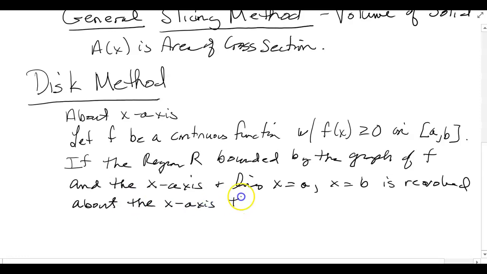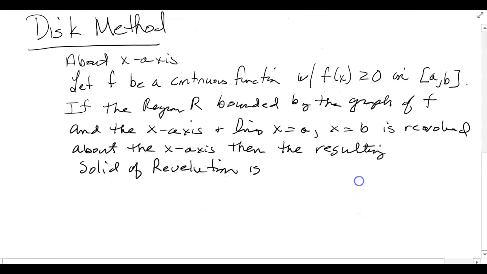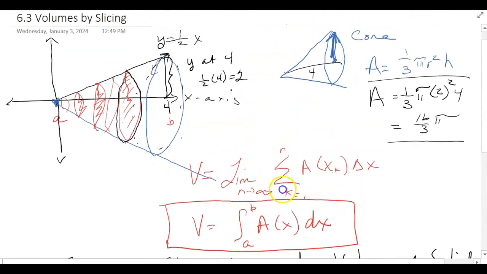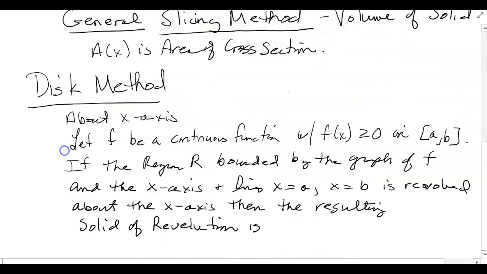Then the resulting solid of revolution, that's what this is called, a solid of revolution, is, now remember, we are doing ones that very specifically have circles as their slices.